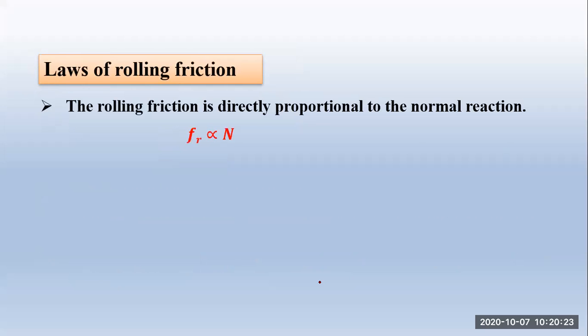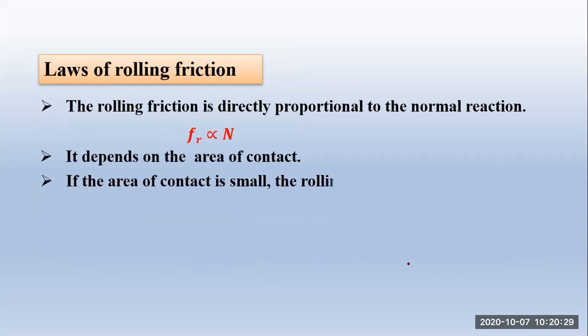Rolling friction. So what is rolling friction? The rolling friction is directly proportional to normal reaction, and it depends on the area of contact. Whatever is the area of contact for a rolling object, that also decides the rolling friction. If the area of contact is less, the rolling friction is less. If the area of contact is large, the rolling friction will be large. So how do you decide the area of contact? If you see a small sphere, the area of contact will be very small.